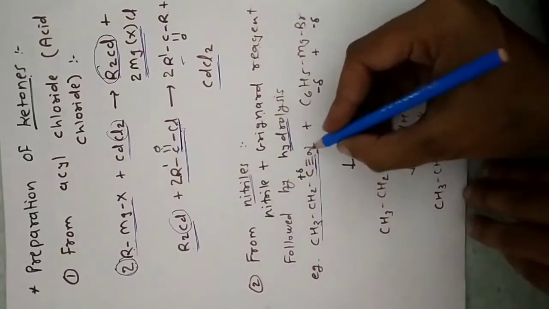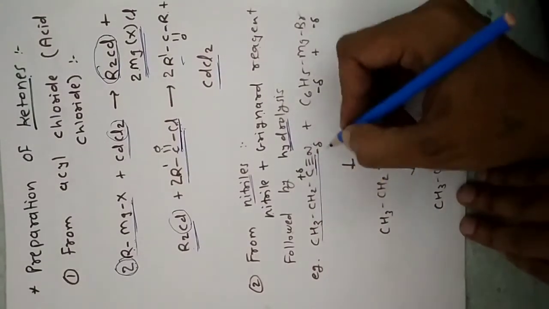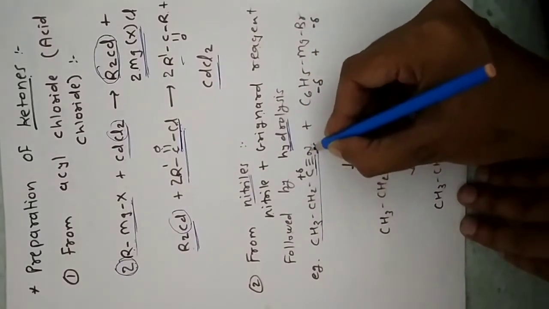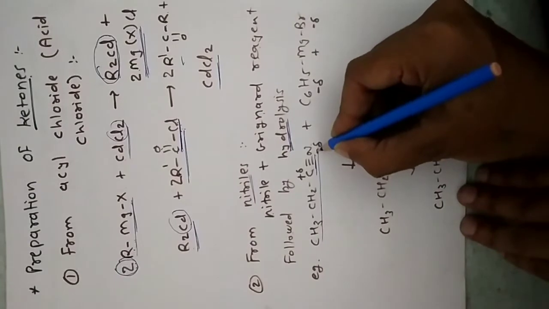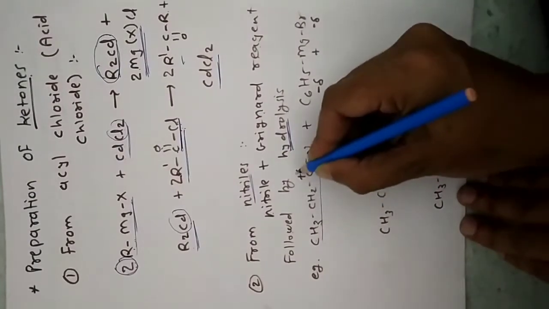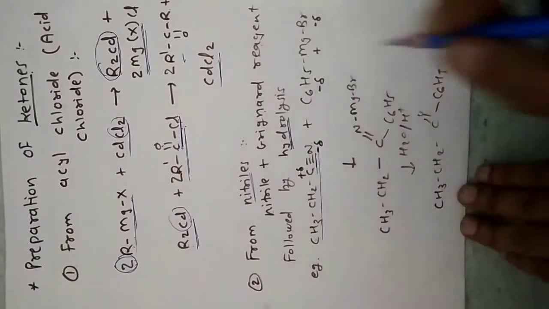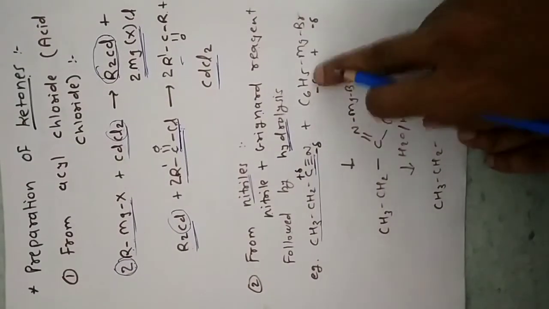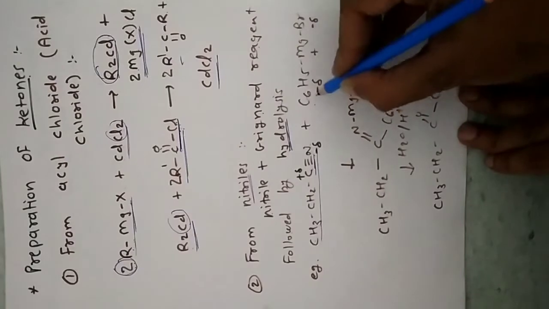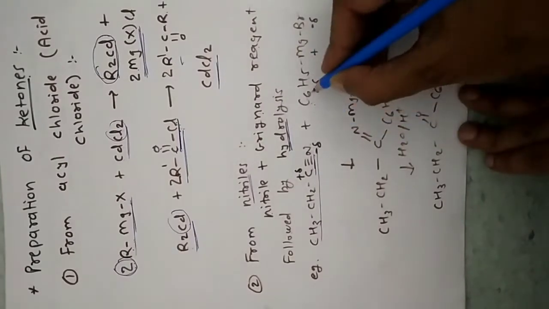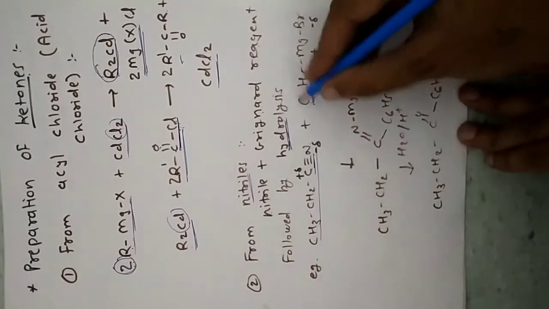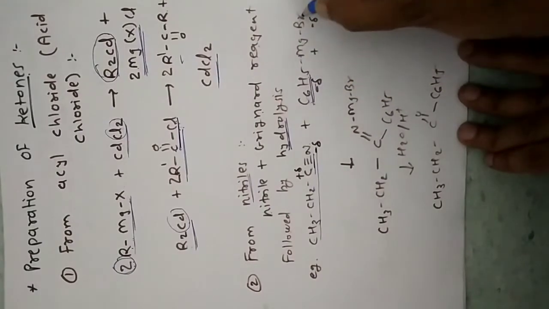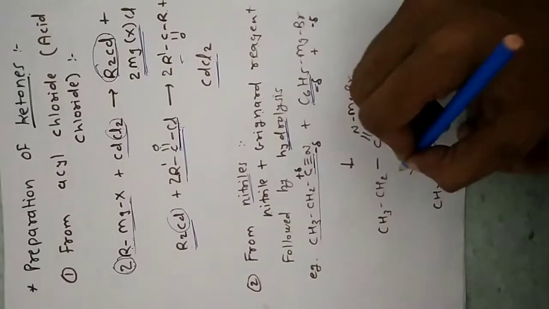In the nitrile group, nitrogen has more electronegativity, so the electrons are attracted towards nitrogen. So it becomes partially negative and carbon becomes partially positive. Now in the Grignard reagent, we already know the R group. This one is our Grignard reagent C6H5MgBr. This alkyl group is partially negative, Mg is positive and Br is partially negative.